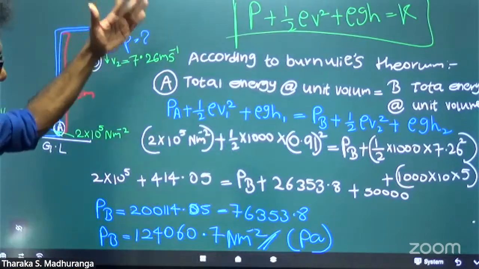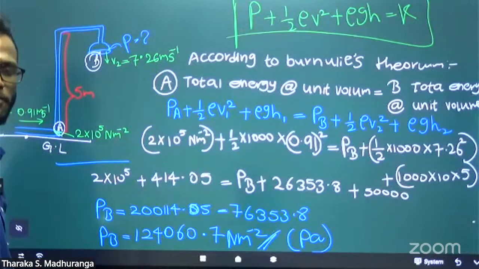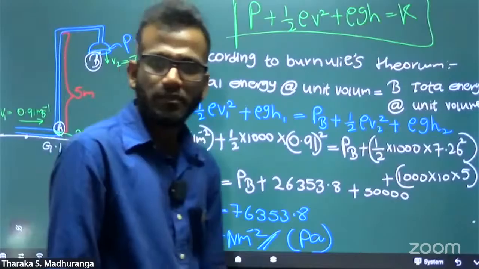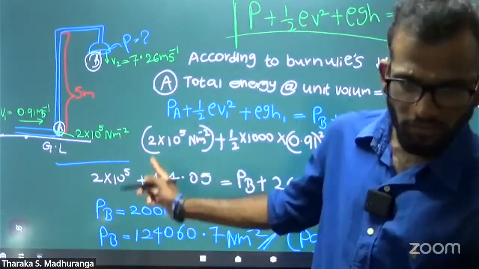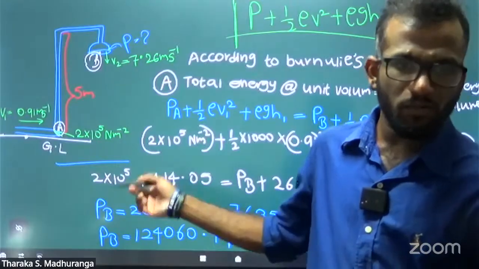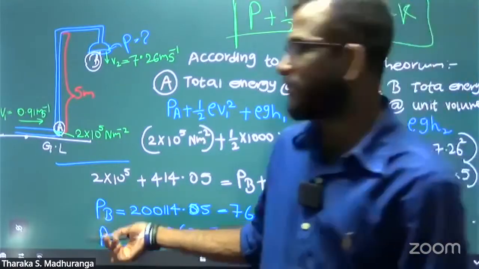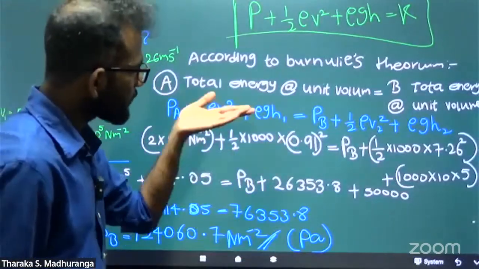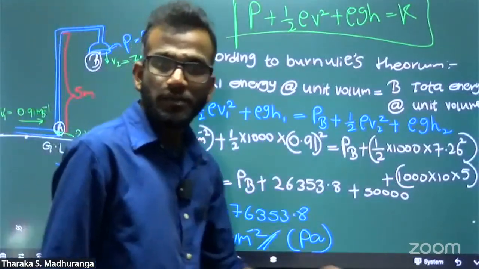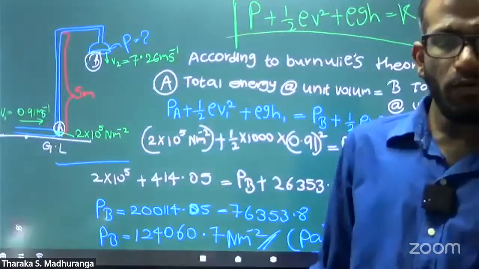Actually, after this part, there is no more fluid mechanics. After the third step, it is only calculation, only addition and subtraction, no multiplication steps. These two steps are the Bernoulli's theorem. Please, any doubt, please ask.